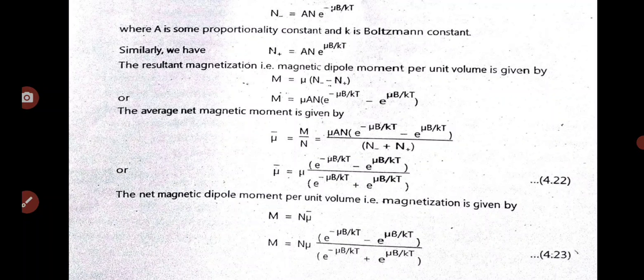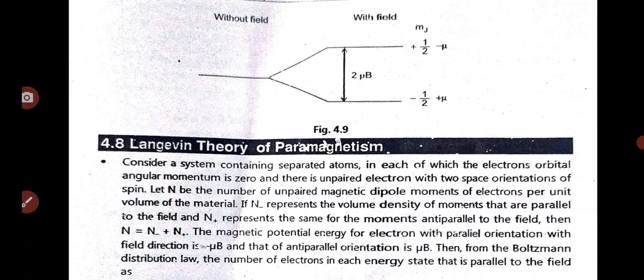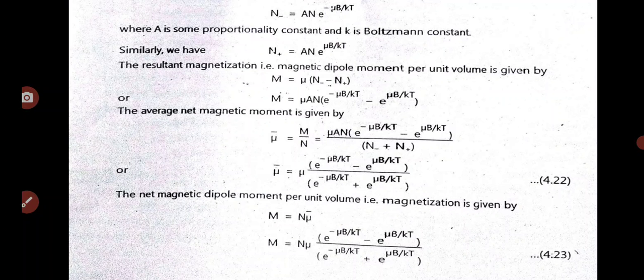So if we do the calculation, N minus, the spin alignment parallel or anti-parallel, is given as A into N into e to the power minus mu B by kT.